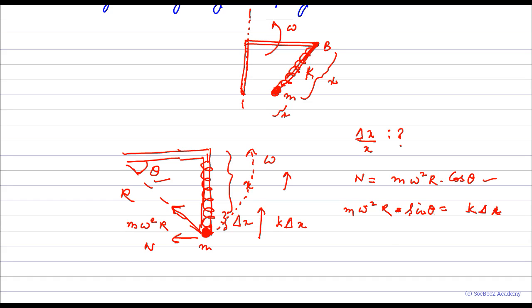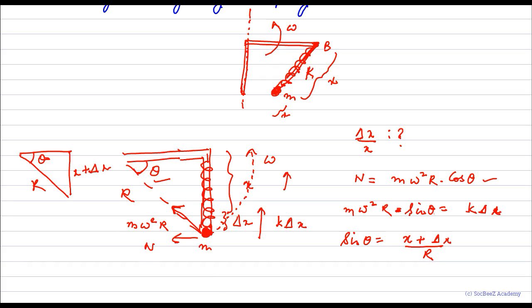Okay, fine. Now sine theta is going to be equal to x plus delta x upon r, isn't it? It is very much clear from this diagram. Basically it is a diagram of a right angle triangle. This length is x plus delta x and this angle is theta.